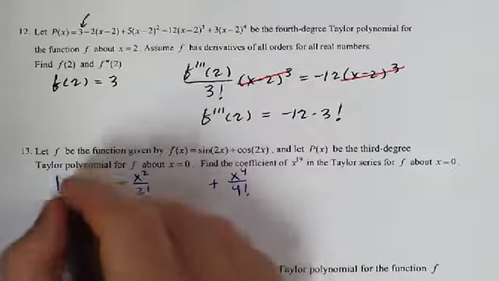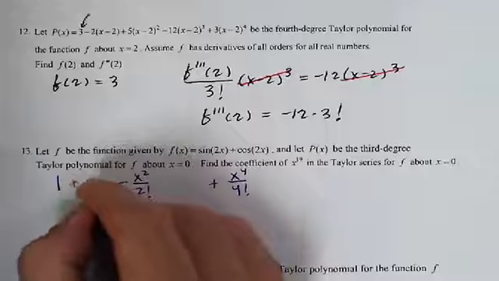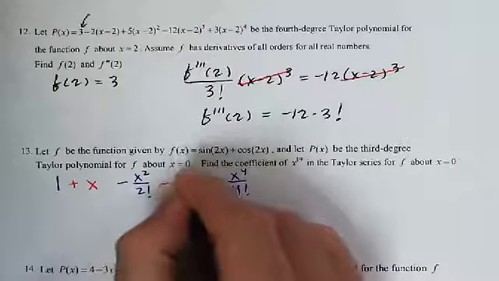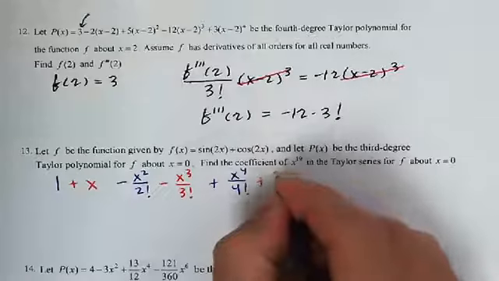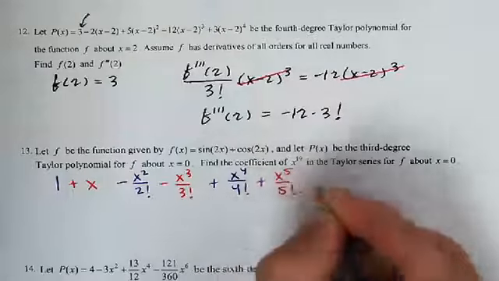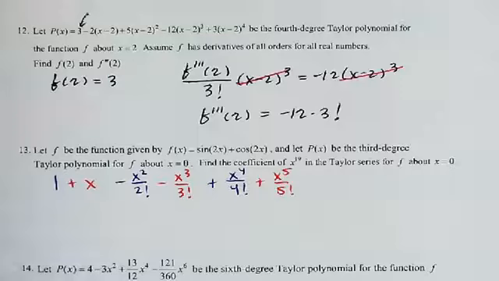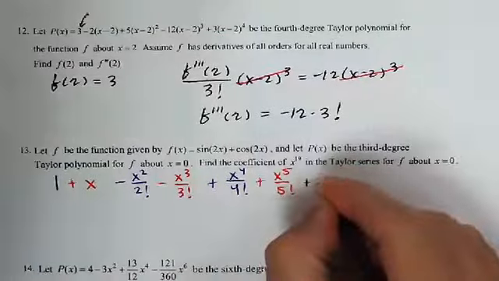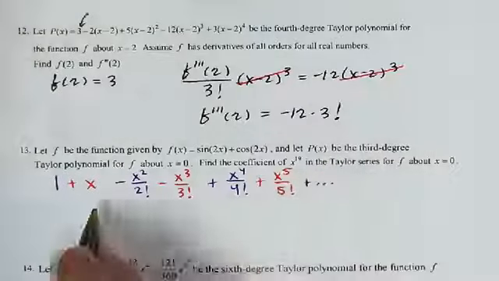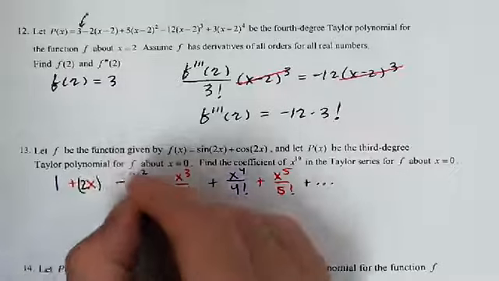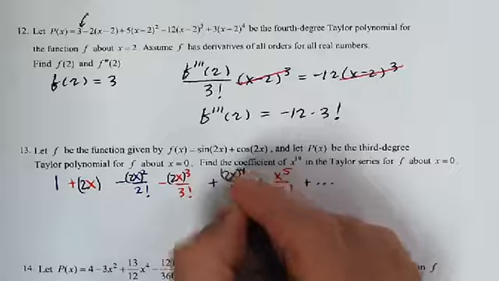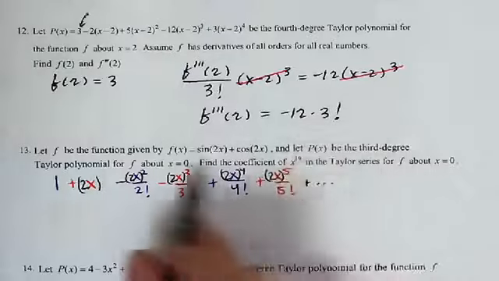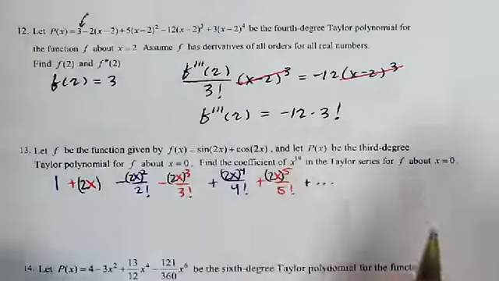Then sine is positive x minus x to the 3 over 3 factorial plus x to the 5 over 5 factorial, and so on. And if I'm going to replace x with 2x, I'm just going to do that by replacing x with 2x. And this is a Taylor polynomial for f.